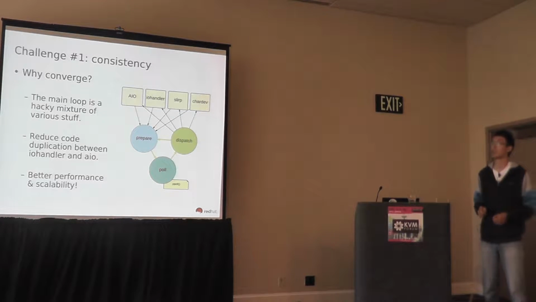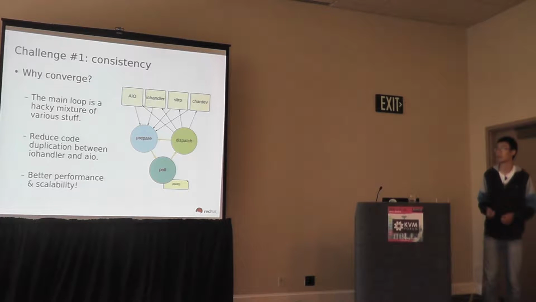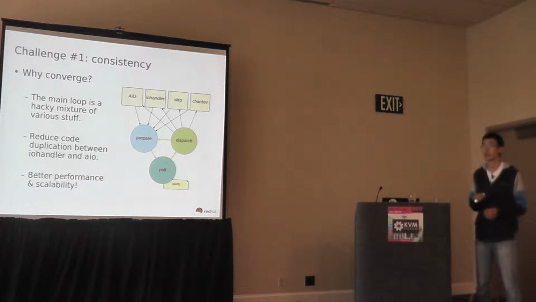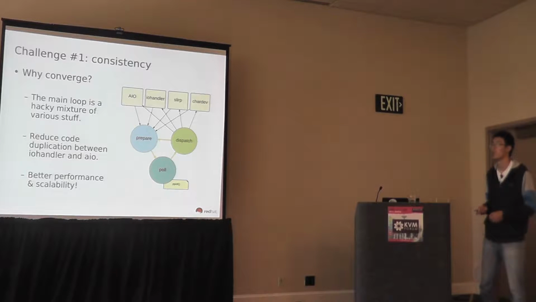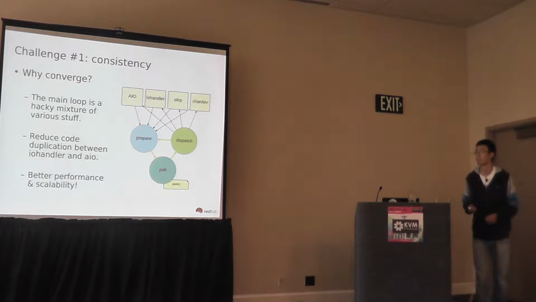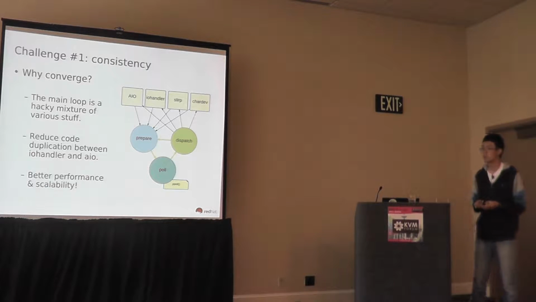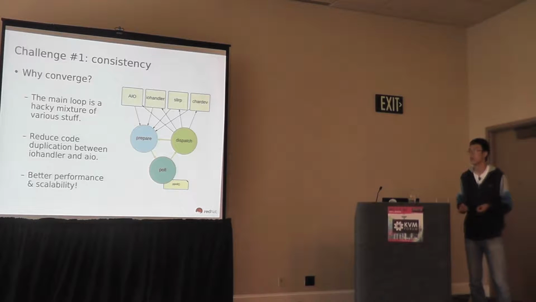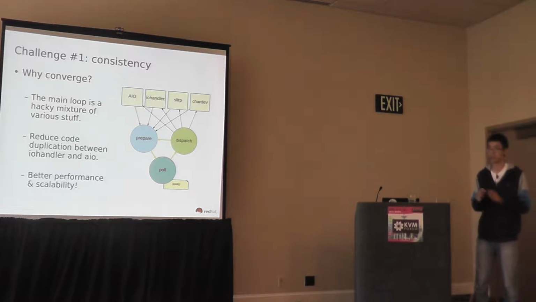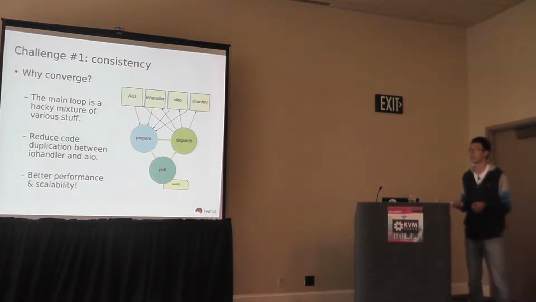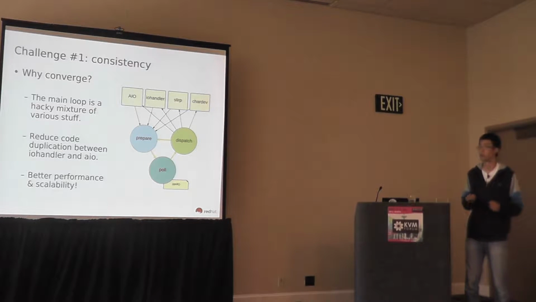The second good reason is to reduce the code duplication between IO handler and AIO, because they share exactly the same interface to support the different subsystems, like device emulation and things like that. They used to be different in a small area, where IO handler has a more complicated FD poll stuff that is basically a special preparation.